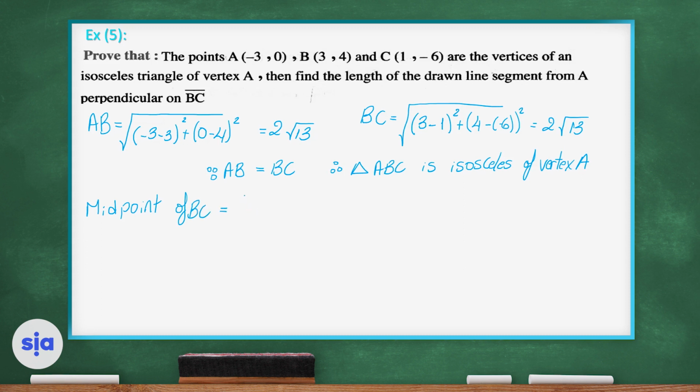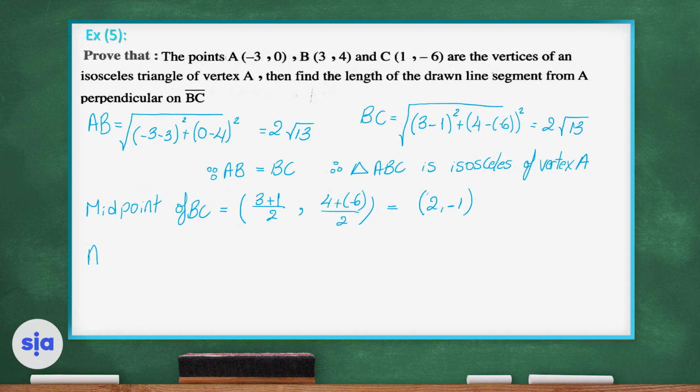The midpoint of BC is (3 + 1) over 2 and (4 + -6) over 2. So the midpoint has coordinates (2, -1).